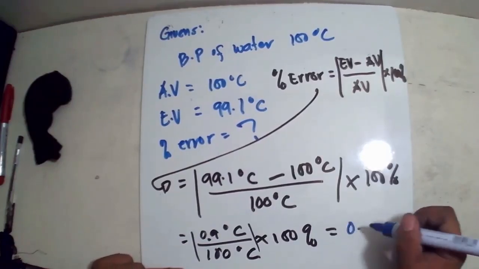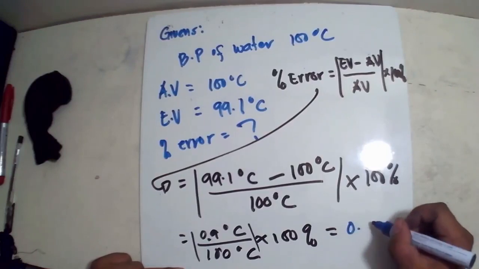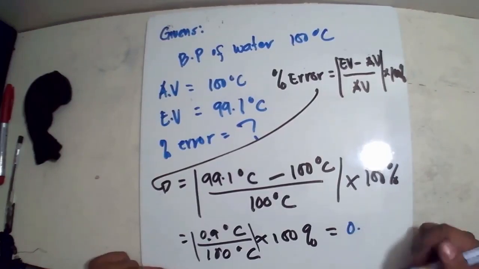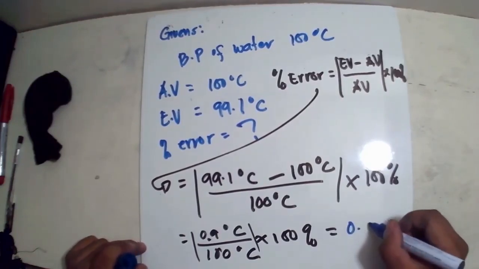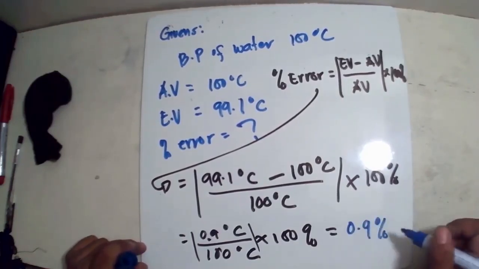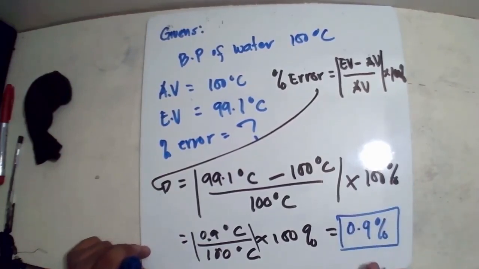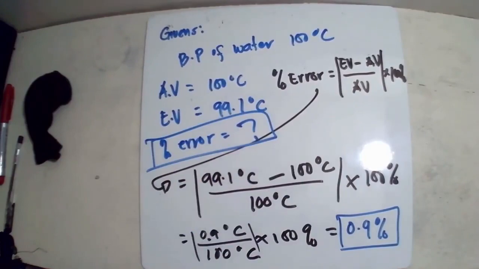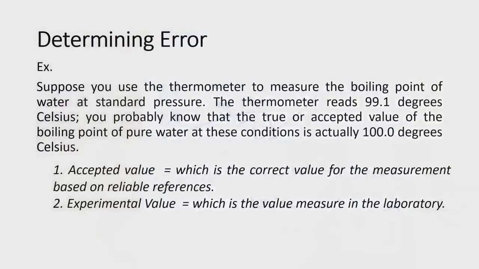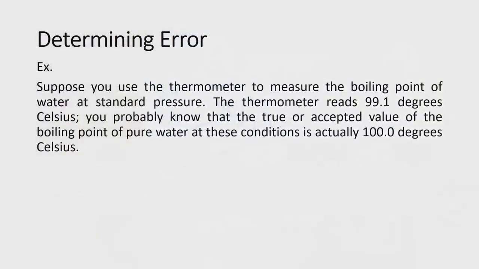You can recheck this in your calculator if you have a scientific calculator. So the result is 0.9%. This 0.9% is the answer for the percent error of this measurement.